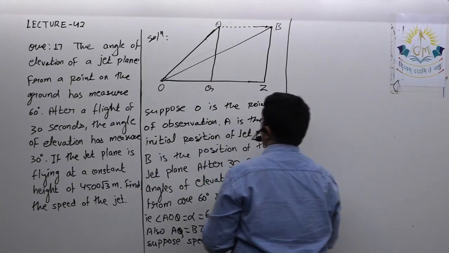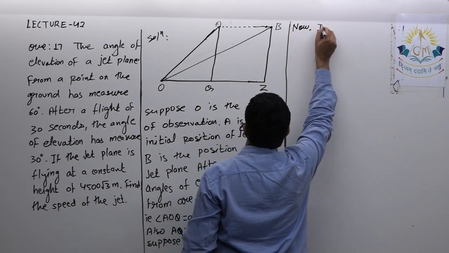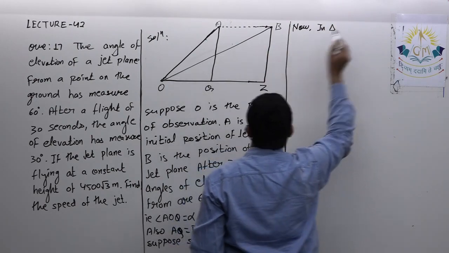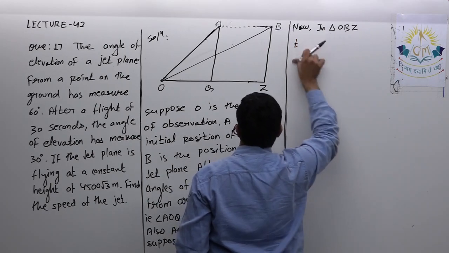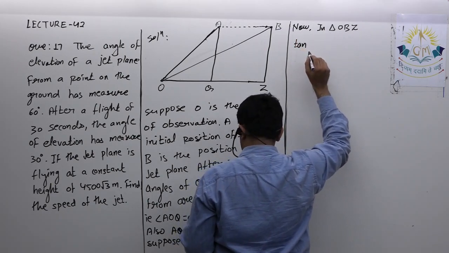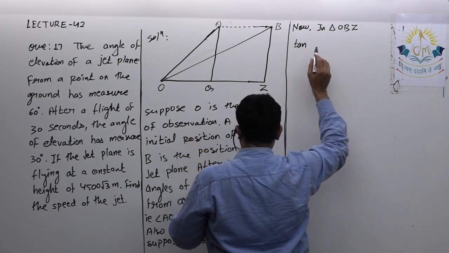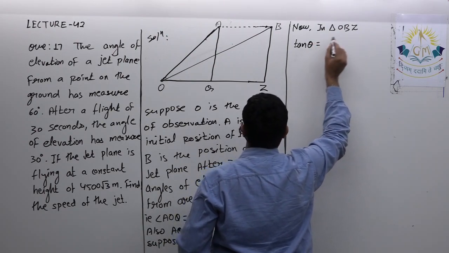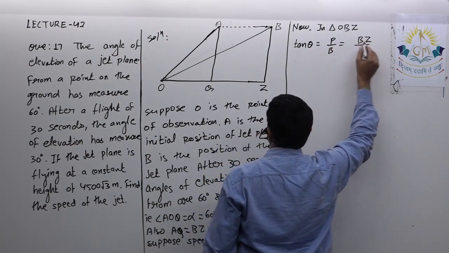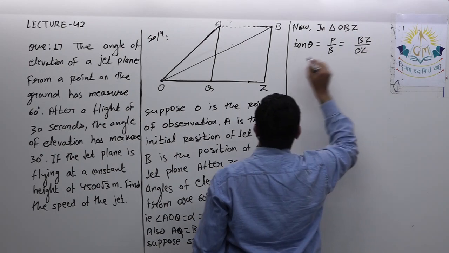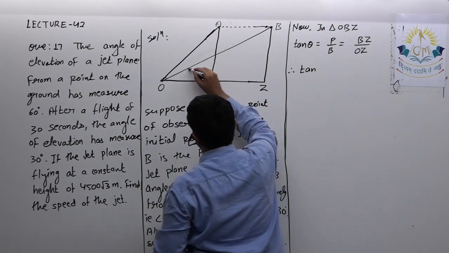So now in triangle OBZ, tan theta is equal to perpendicular upon base. Perpendicular is BZ, base is OZ. Now, theta is 30 degree.